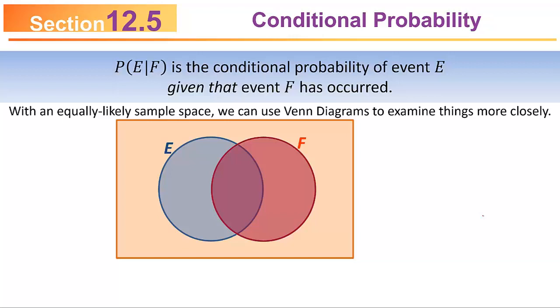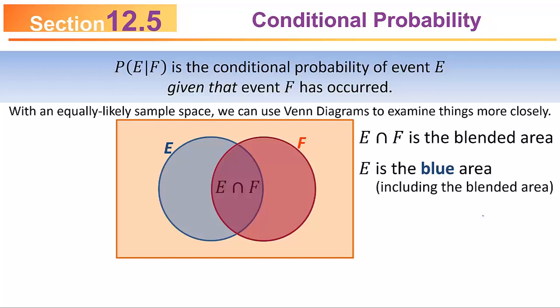So you've got an event E, you've got an event F, and you've got a possibility of overlap where E and F occur. That blended area where the circle E and the circle F overlap, or where the two events overlap, is E and F, or E intersect F. So the blended area is the intersection.